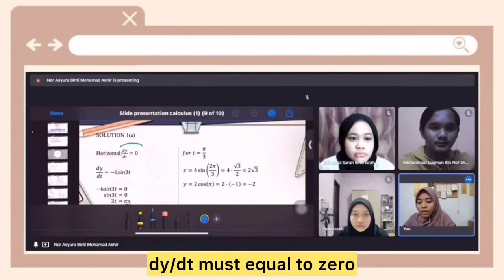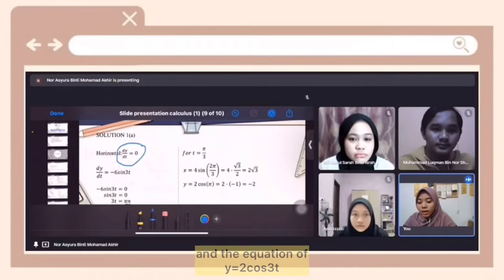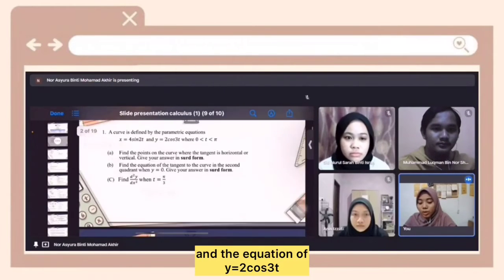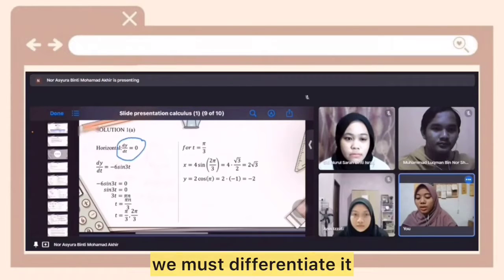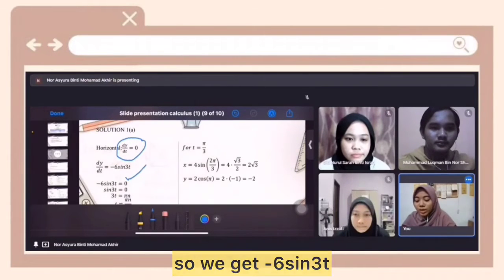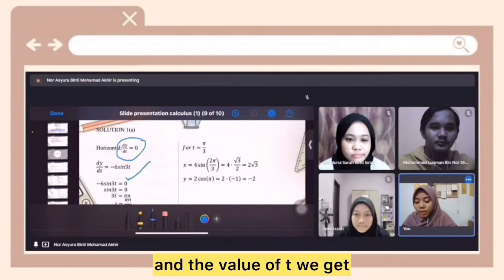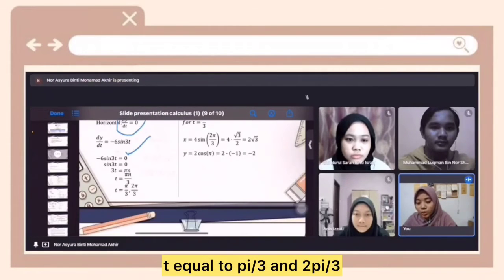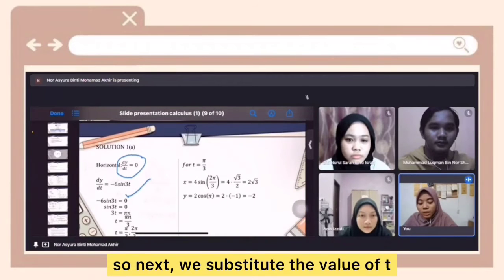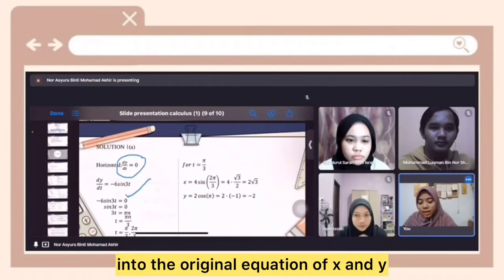For horizontal, dy over dt must equal 0, and the equation is y equals 2 cos 3t, so we must differentiate it. We get negative 6 sin 3t, and the values of t are pi over 3 and 2 pi over 3. Next, we substitute the value of t into the original equations of x and y.